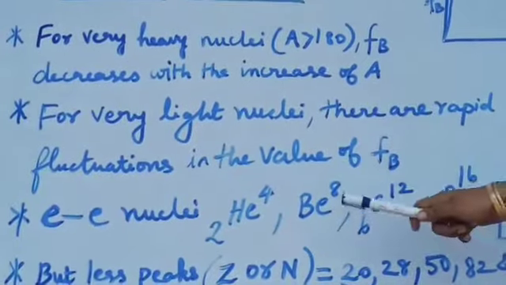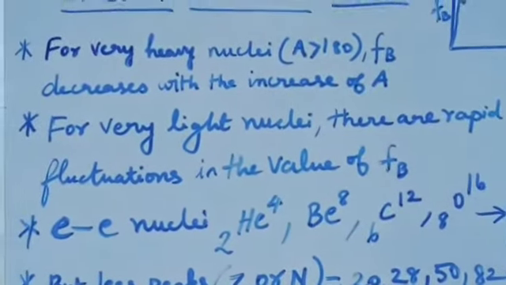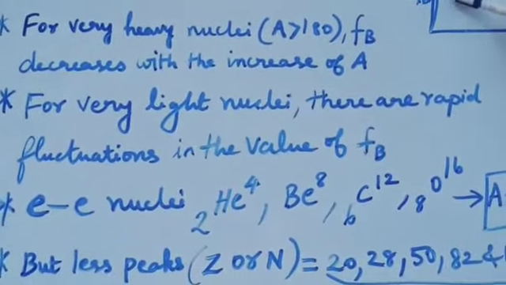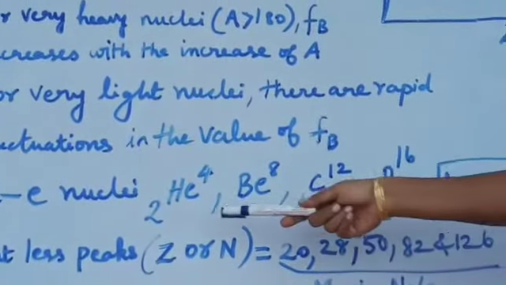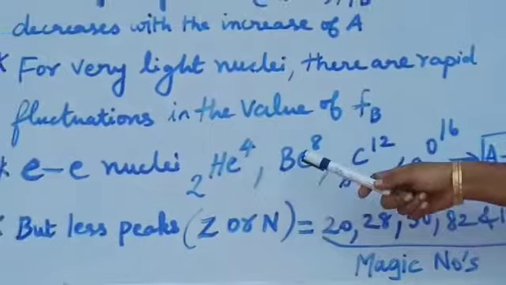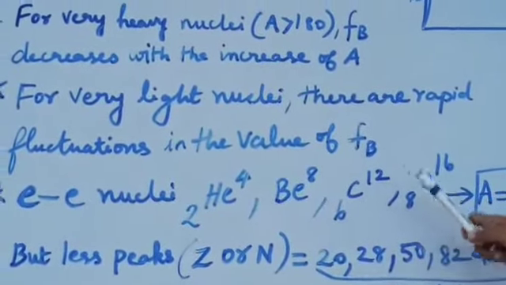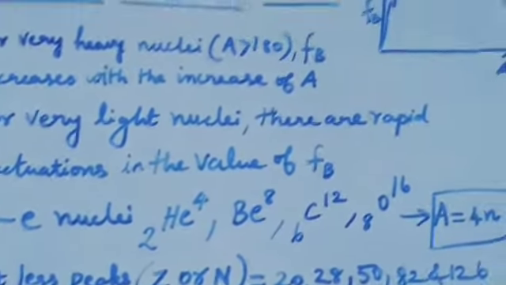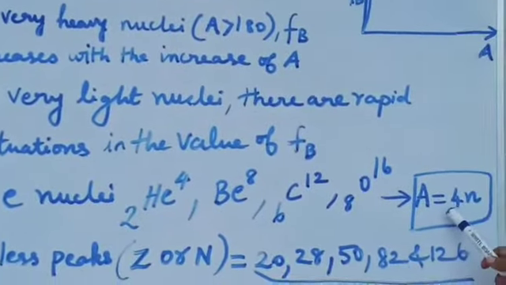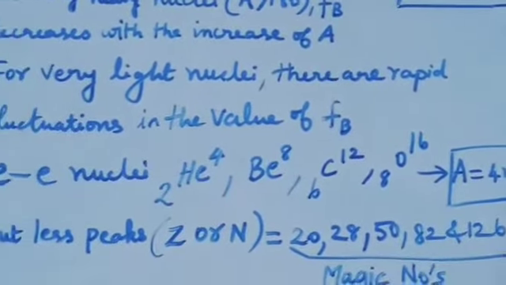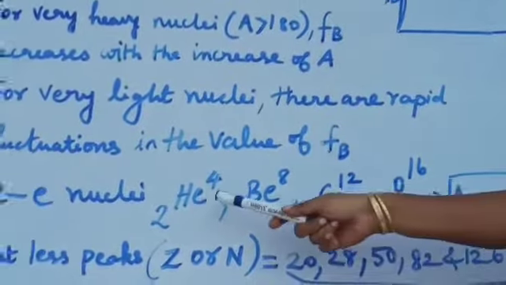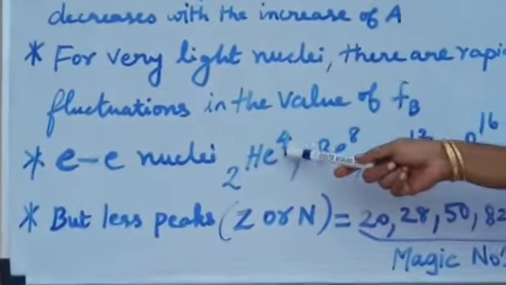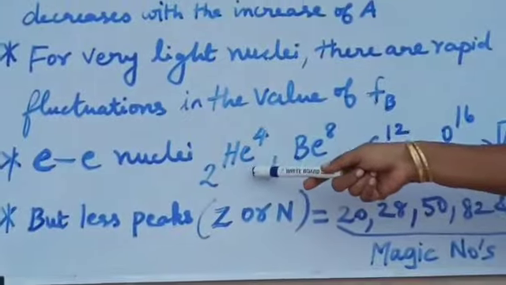There are rapid fluctuations in the value of binding fraction, and peaks are observed only for even nuclei, for example helium, beryllium, carbon, as well as the oxygen nucleus, whose mass number is equal to 4 times N. N takes the value 1, 2, 3, 4, etc. So if N is equal to 1, the A value is for helium.